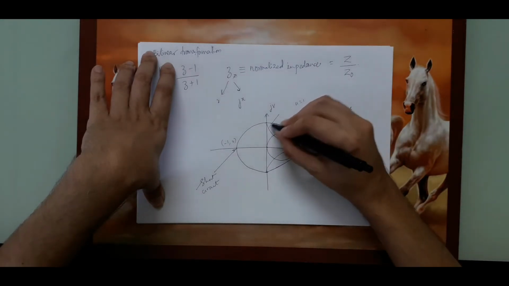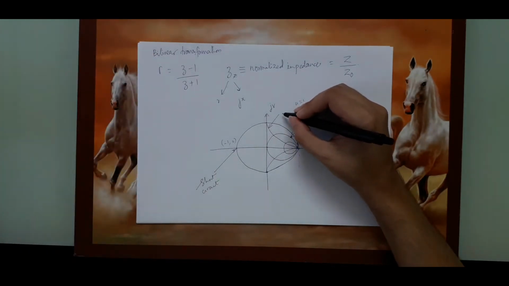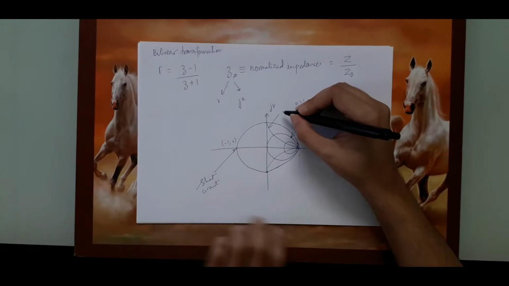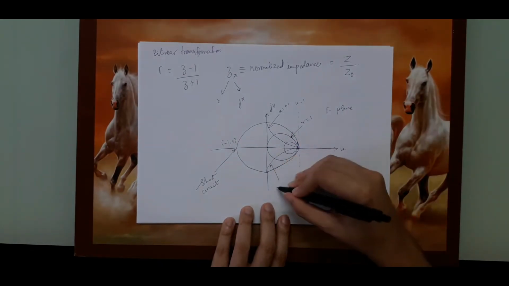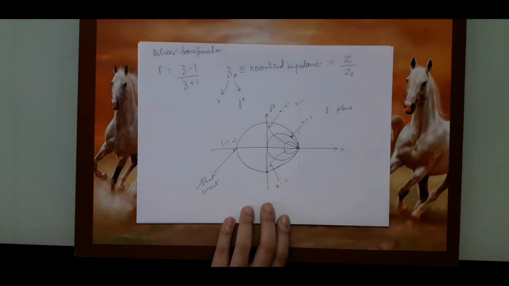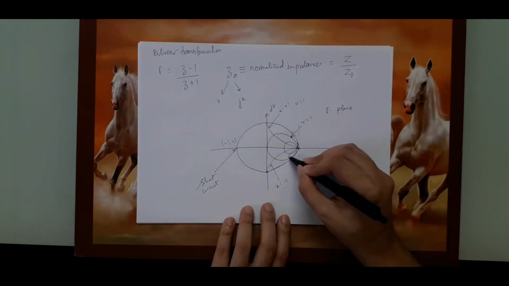So for example, this is X equals plus 1, and this is for X equals minus 1. As the value of X increases, the circles keep getting smaller and smaller.